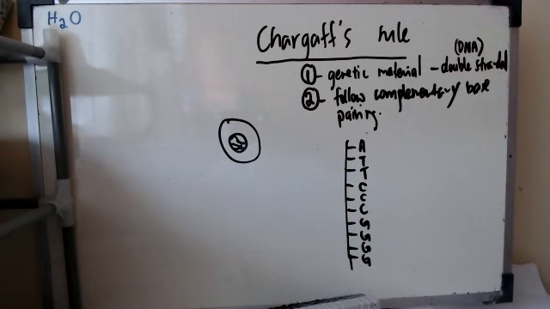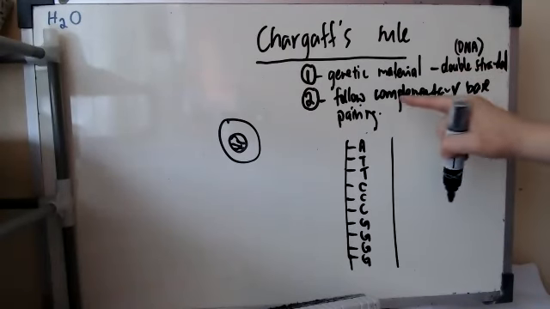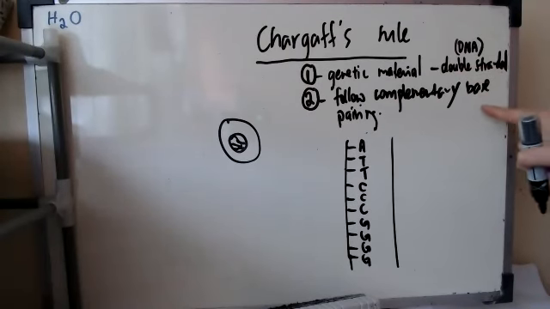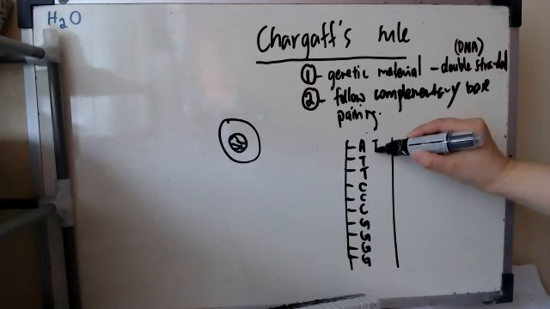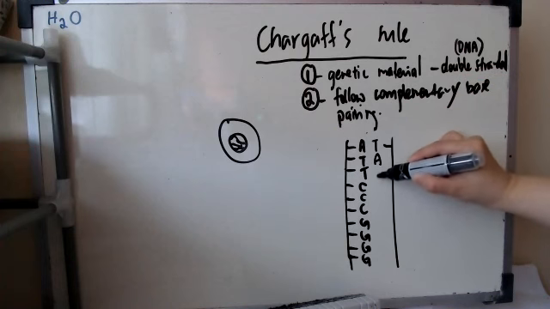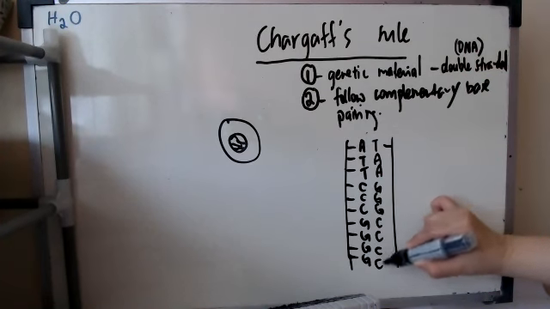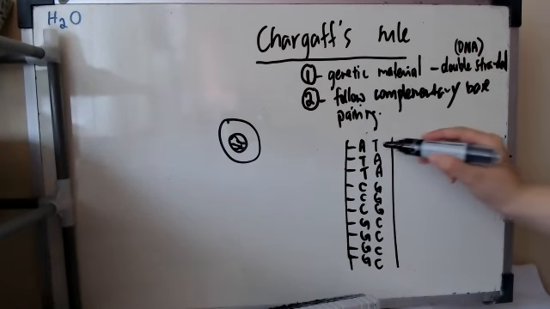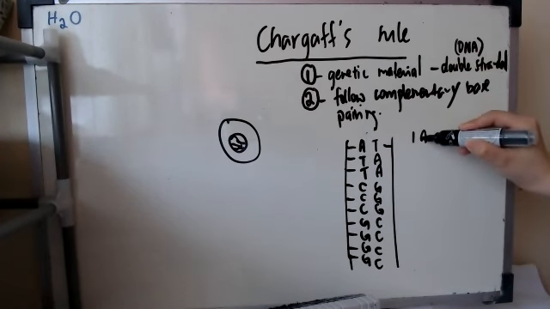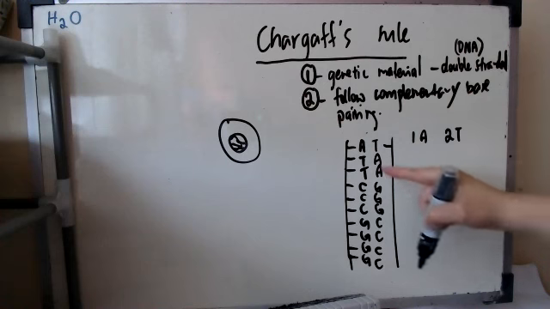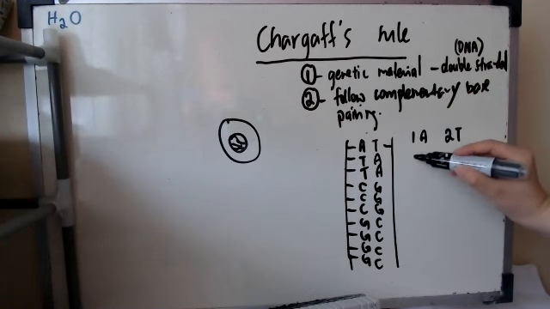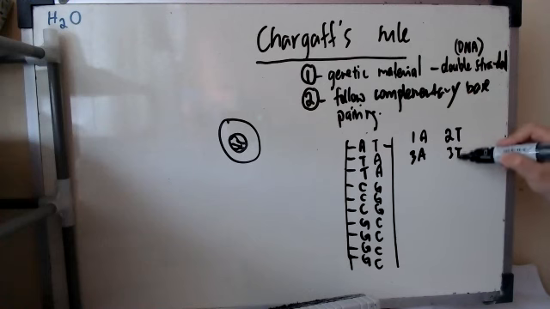So if I were to make it double strand and complementarily pair them up, A pairs up with T, T pairs up with A, C pairs up with G, G pairs up with C. So what happened here is, earlier you had 1A, 2T. Now you have 3A, 3T. So it falls into 1:1.